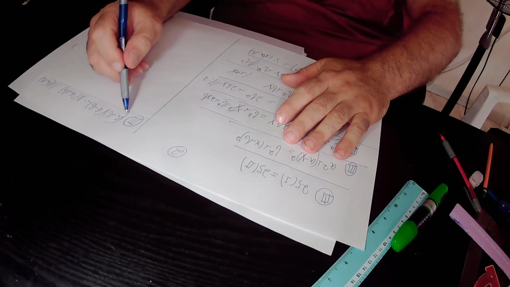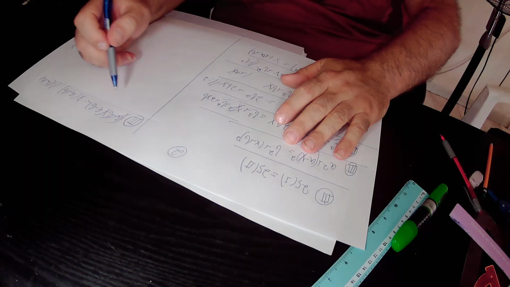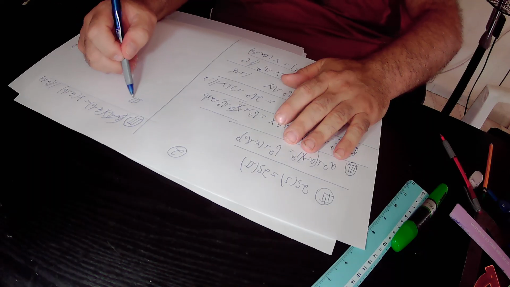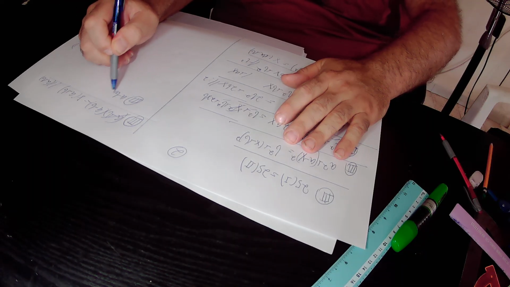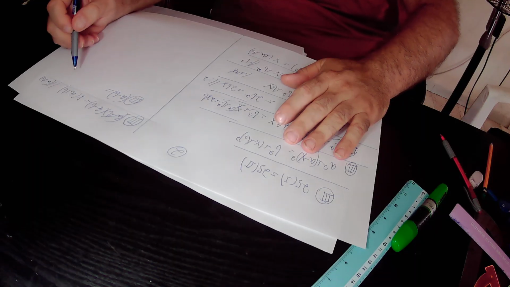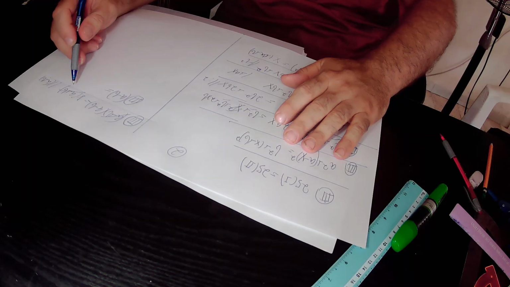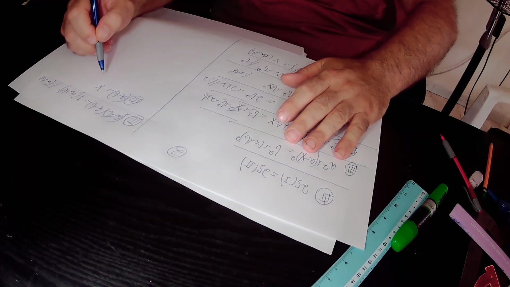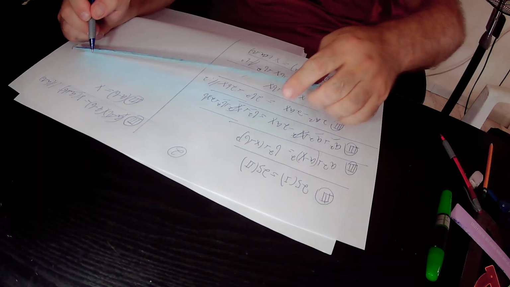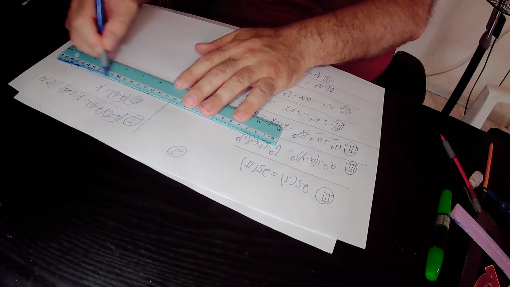So here a plus b will get cancelled, and we are left with only a minus b. Here a plus b also will get cancelled, and we are left with only x. So in total, according to equation 3, we found out that a minus b equals x.